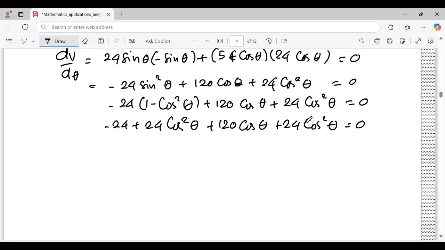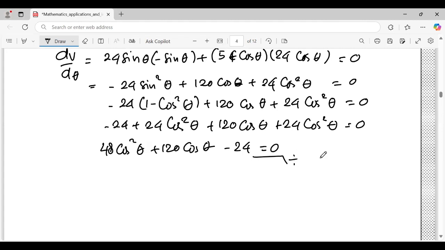And 24 plus 24, 48. So 48 cosine squared theta plus 120 cosine theta minus 24 equals 0.